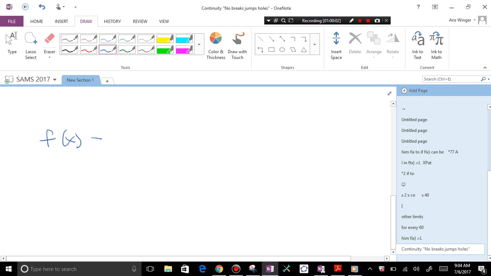f of x equals 4 plus x if x is less than -1. If x is between -1 and 0, I would like to make it, let's say, 6 minus x.